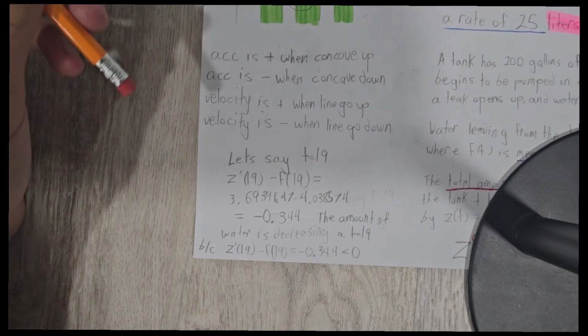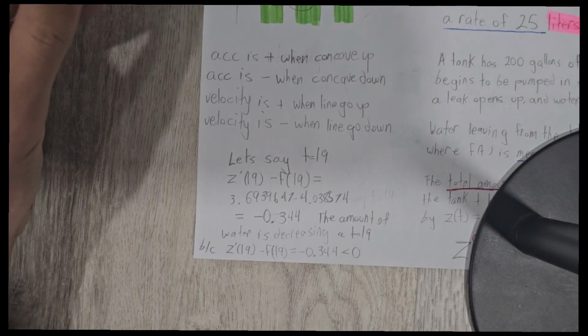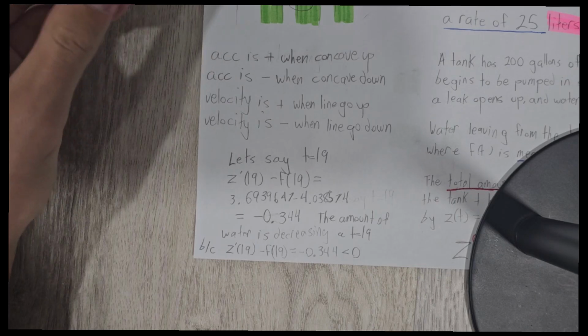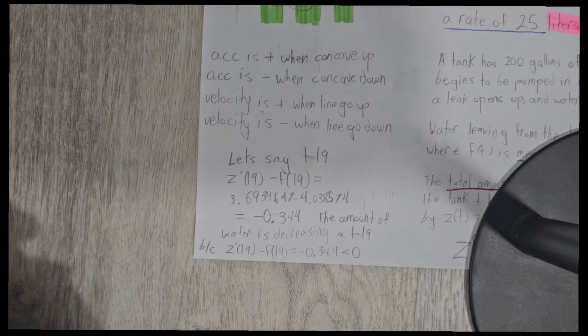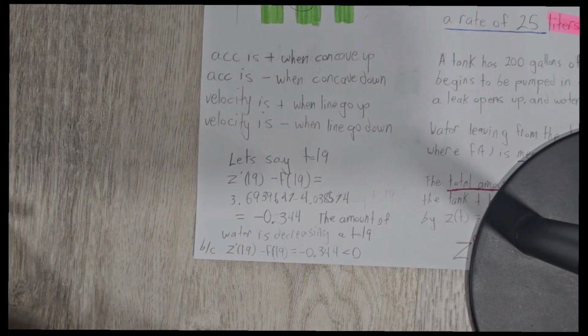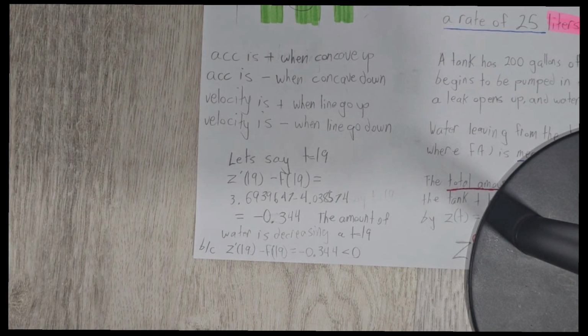This is basically everything you need to know about derivatives in context. Of course, there's more context that you might see, for example, with your calculator. But I will go over that in a second. But expect to see something like this on an AP test.